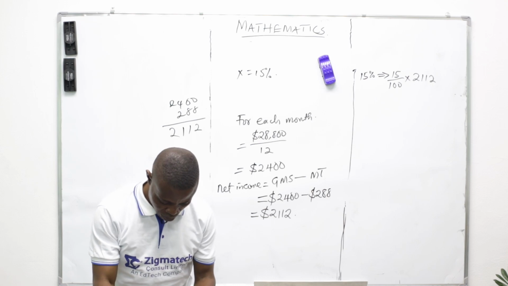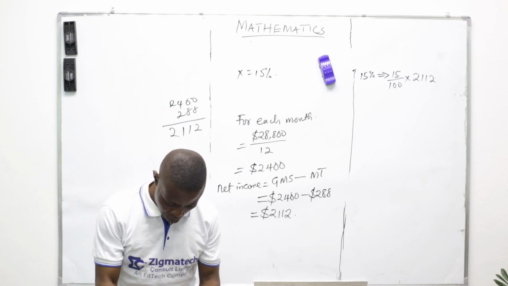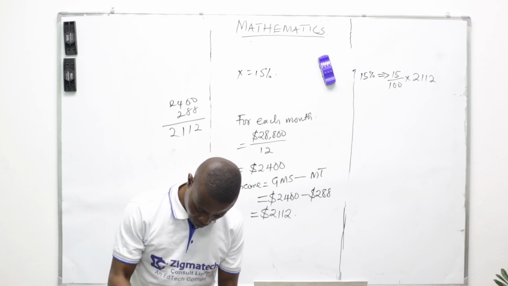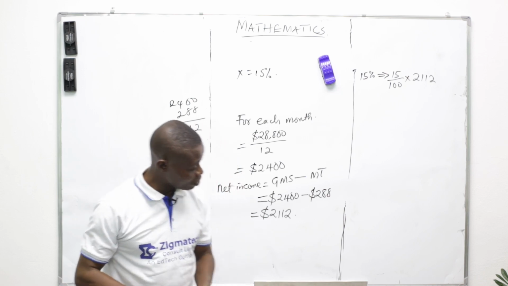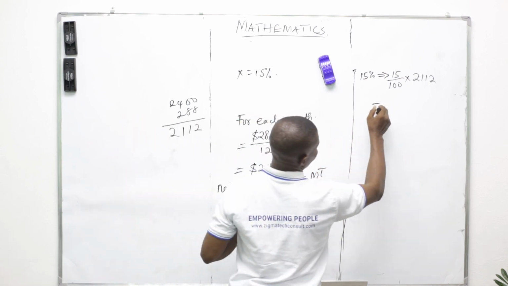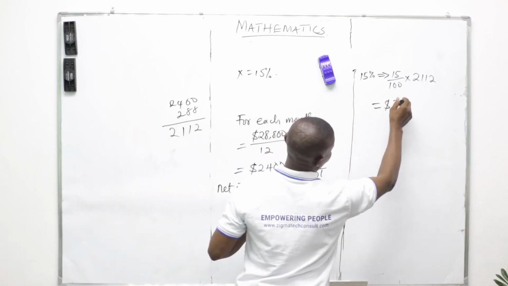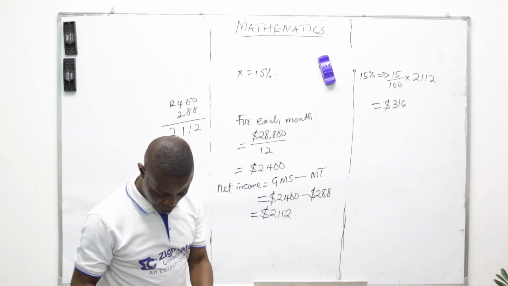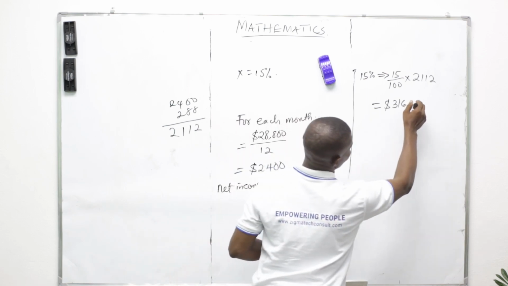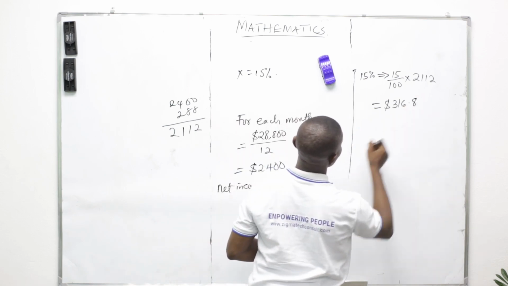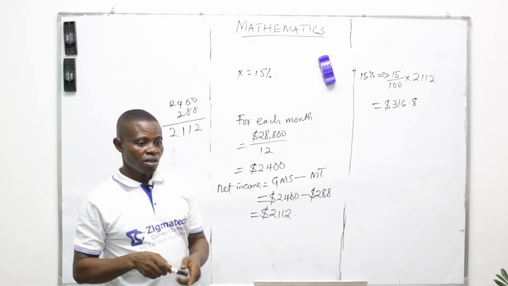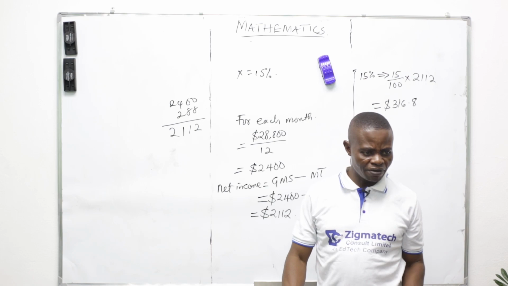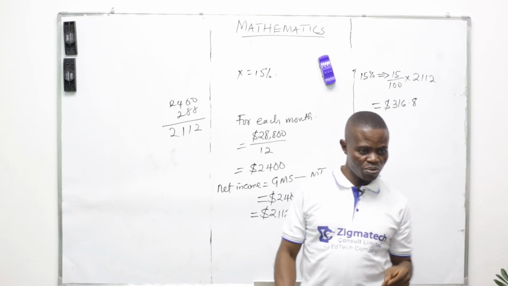That's 2112 multiplied by 15, then divide. $316.8. So calculate the amount saved each month.